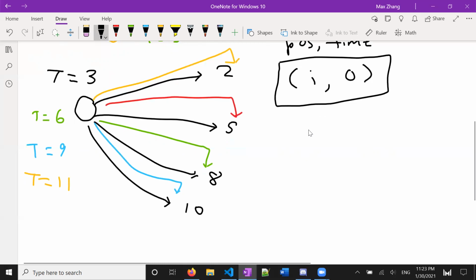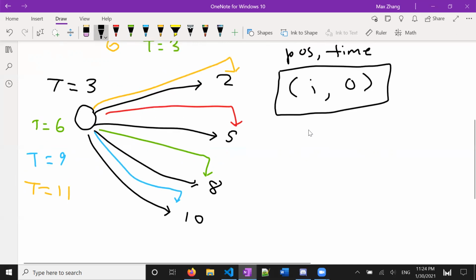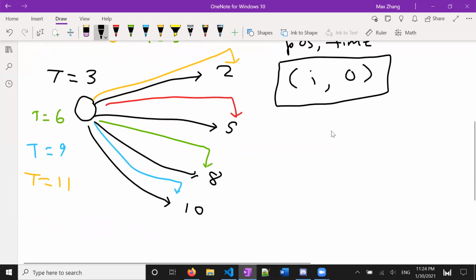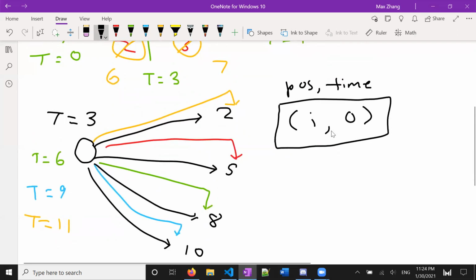And we're basically just going to keep simulating, keep walking through all the nodes until we get back to this same position at the same time again. And notice that in terms of time, we don't actually keep track of the literal time. We keep track of the time mod k.